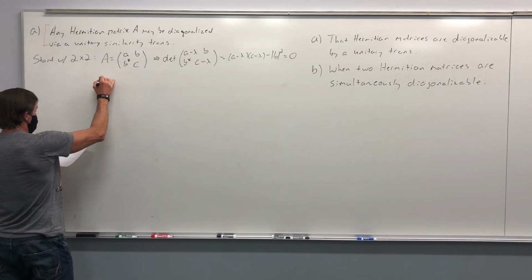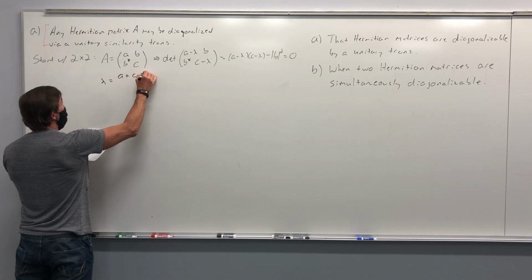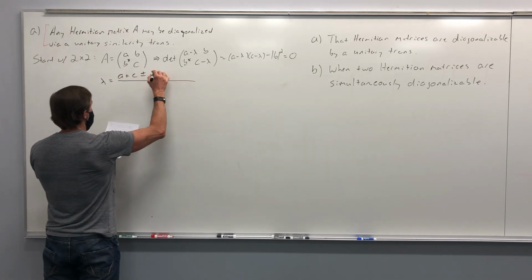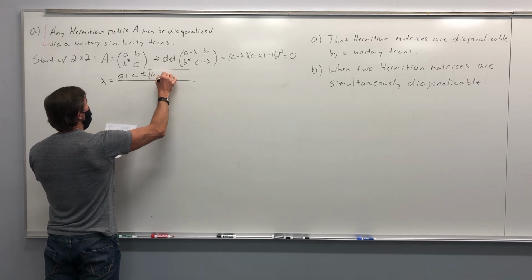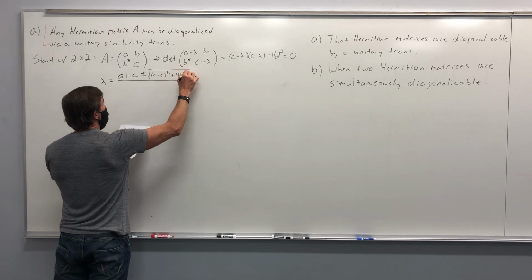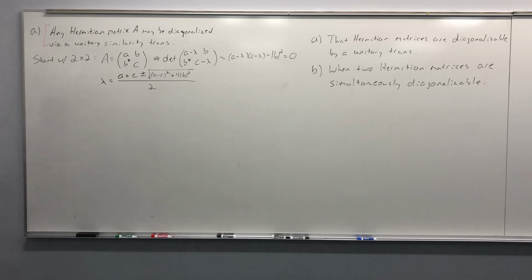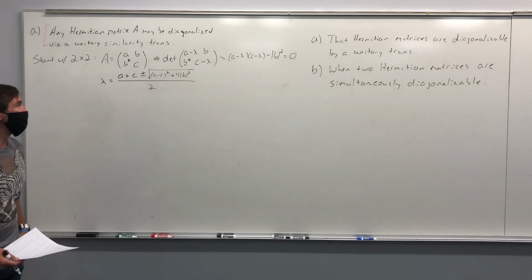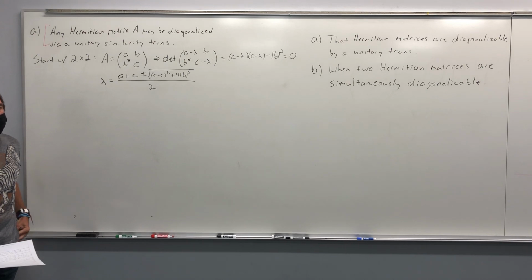If I solve this for lambda, I get lambda equals A plus C plus or minus the square root of (A minus C) squared plus 4 times B squared, all over 2. I did some algebra there. It's on the sheet, but I'm not going to write all the steps down. That's quadratic in lambda, so you use the quadratic equation.